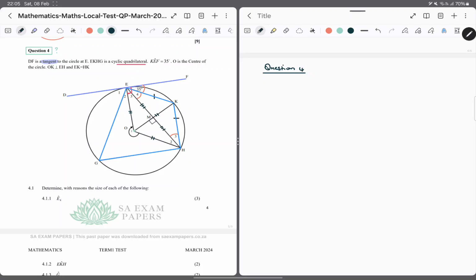But now, what is this quadrilateral EOHK? It's a kite, isn't it? The pair of opposite sides are equal, and the diagonals essentially meet at a right angle, such that the longer diagonal is bisected by the shorter diagonal.